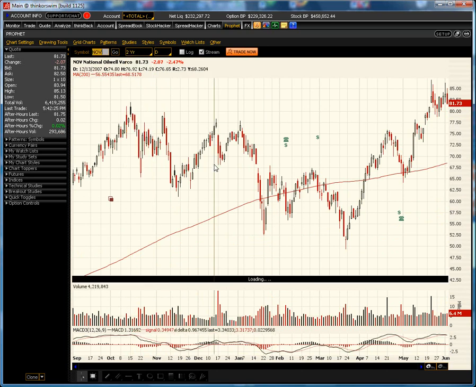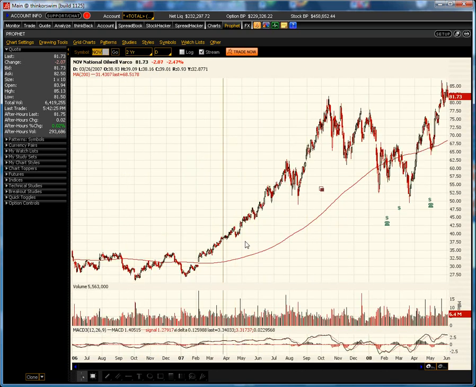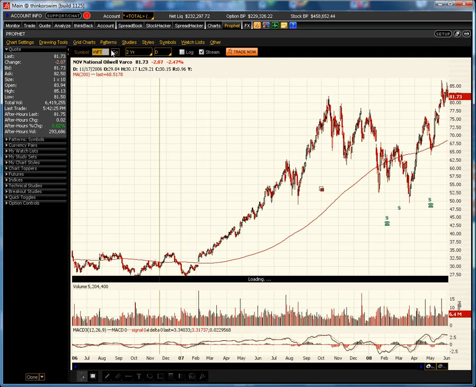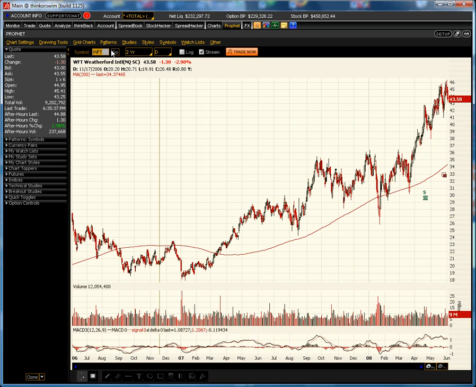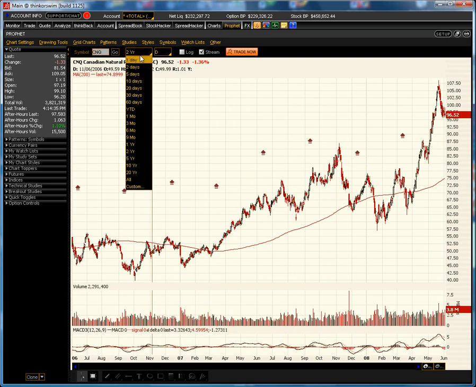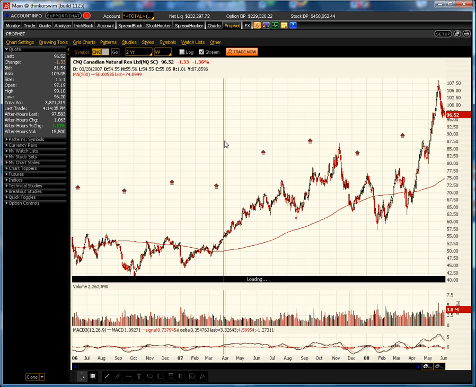Now this one, it looks like it's actually gone quite a bit sideways, but it had a dramatic run before that, actually during 2007. And what else have we got? CNQ. And you know what? On a weekly basis, these even look more dramatic.